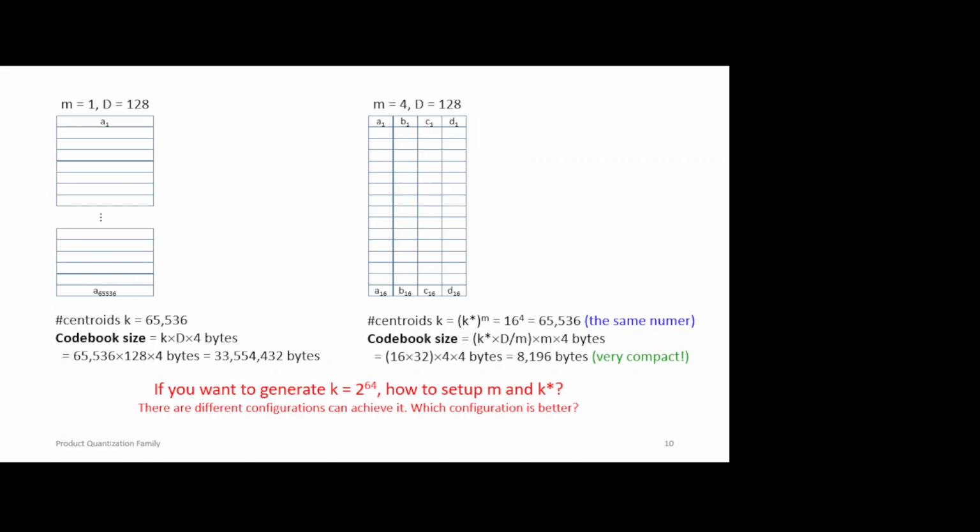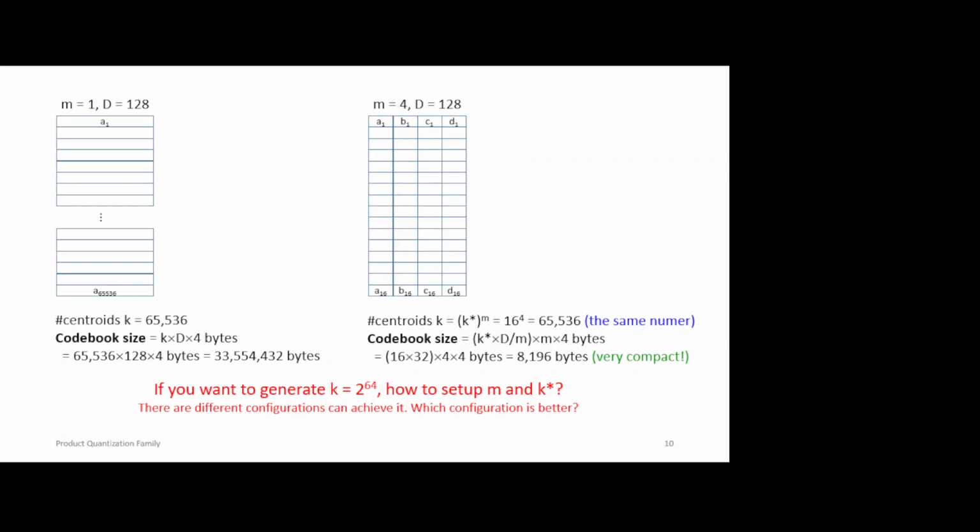Because you have N segments, I have 4 segments, and each value I use 4 bytes to represent it. So it's the total size of the code in PQ. The calculation will be this. The size used is just a little bit more than 8,000 bytes.